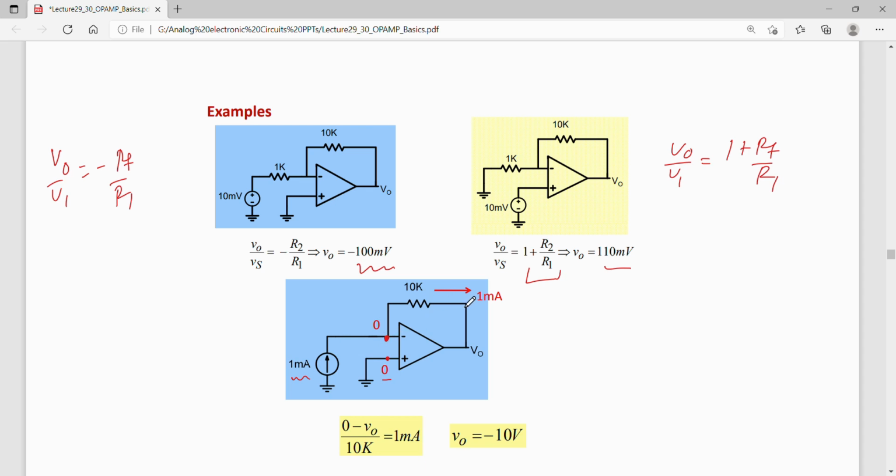The same 1 milliampere comes through this 10k resistor, and nothing goes inside the op-amp. So 0 minus V naught is 10 multiplied by 1, and V naught is minus 10 volts.